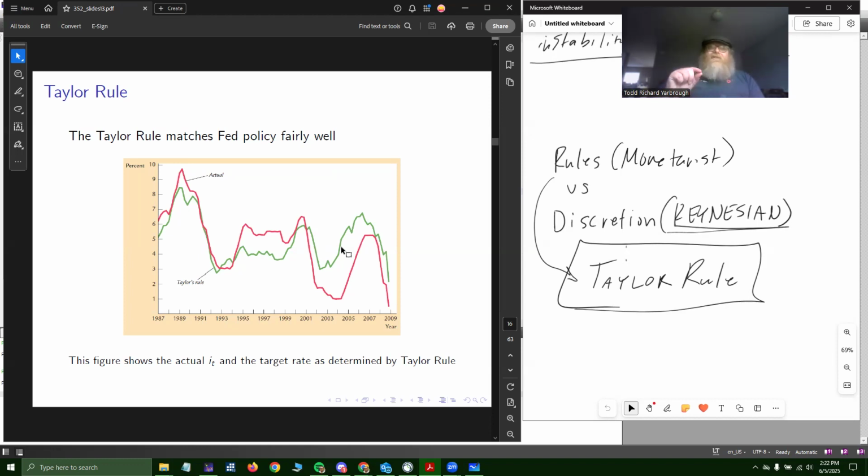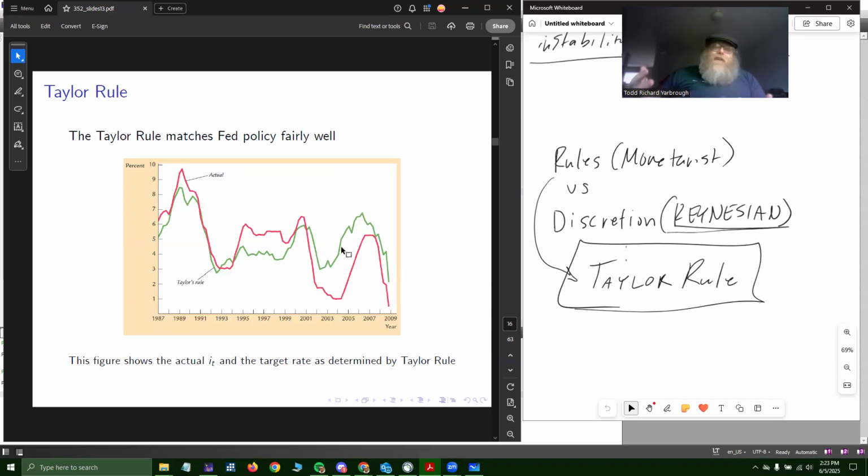The idea is that actually the Fed has been behaving according to the Taylor rule, even though they have not formally adopted it, which is very interesting and begs the question, why? Why does the Fed behave according to the Taylor rule, even though they haven't adopted the explicit Taylor rule?